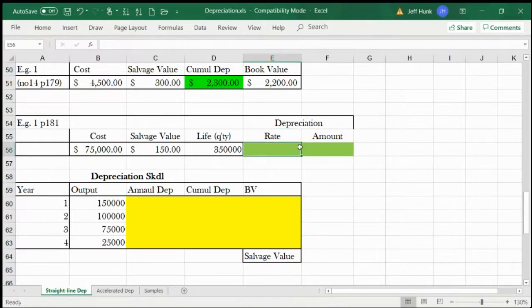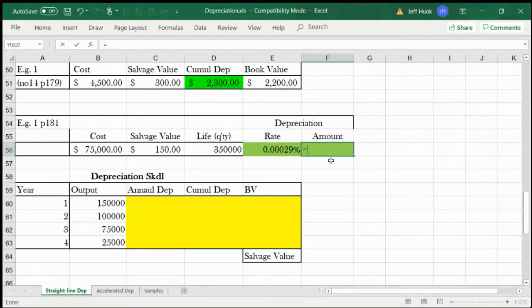So what is the depreciation rate? The depreciation rate is always 1 over life, whether it is in years or in quantity, it's still the same thing. So it's 0.0029%.